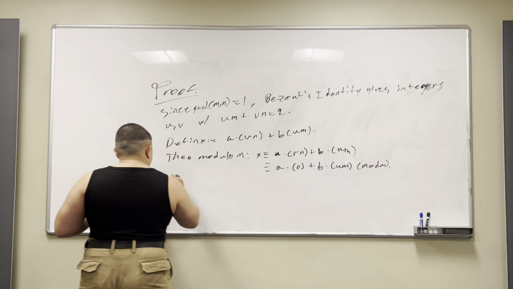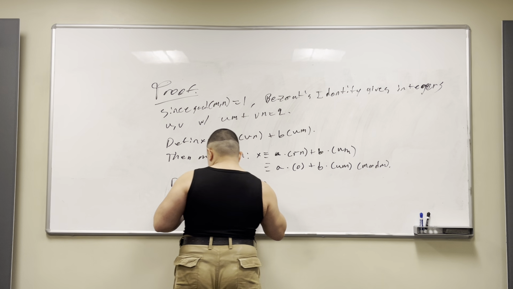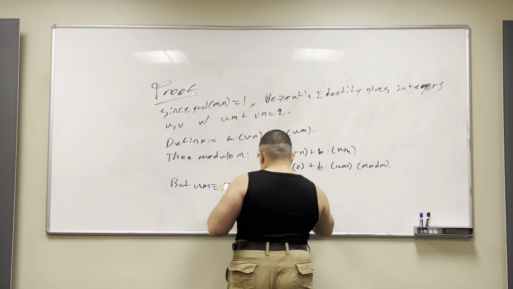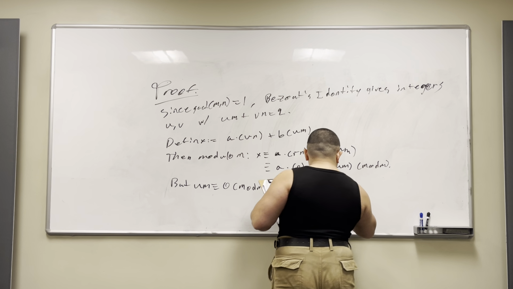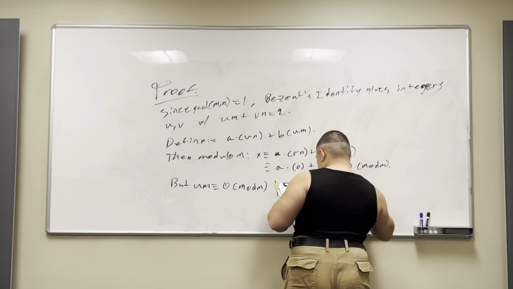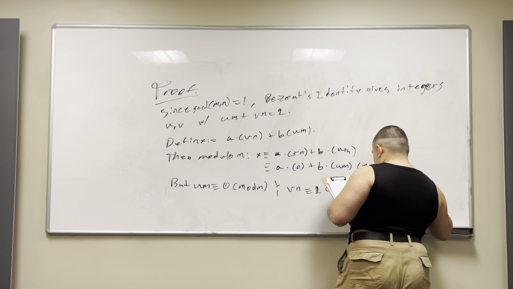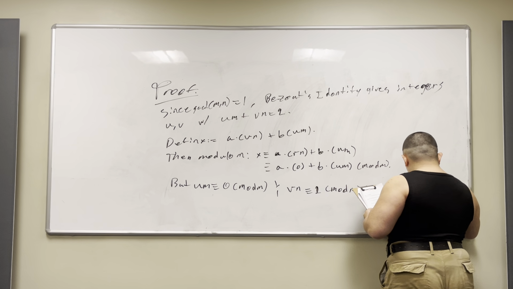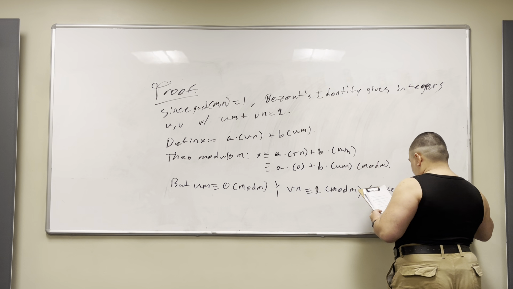But um is equal to 0 modulo m, and vn is equal to 1 mod m, since vn is equal to 1 minus um.